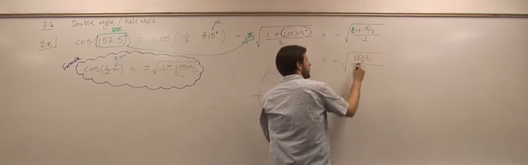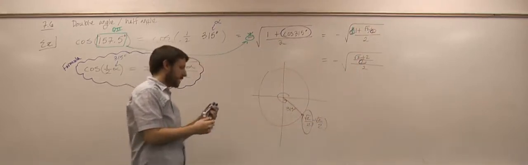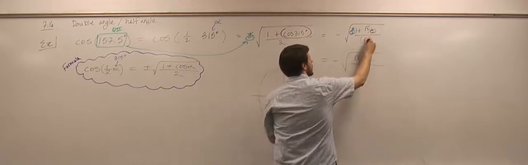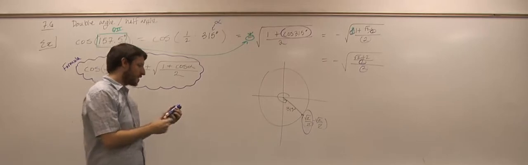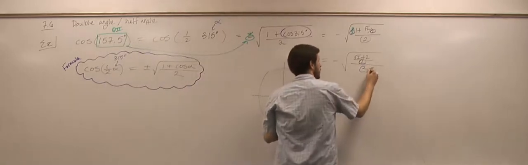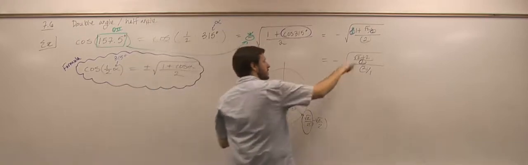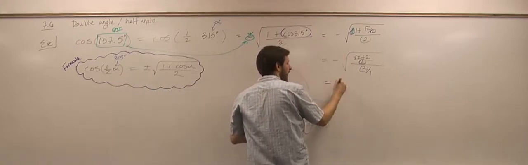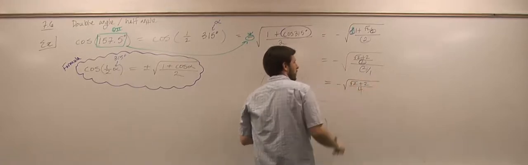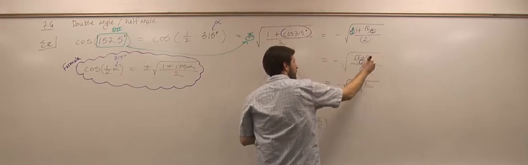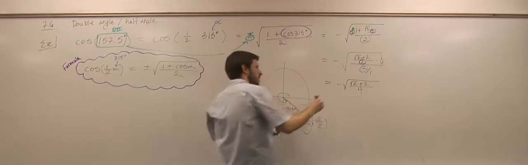This first 2 came from these guys, but I still had another 2 right here. So now I can flip and multiply. If you flip the 2 over 1, it becomes a 1/2. You'll do 2 on the bottom times 2 up here, which will be 4 on the bottom altogether.